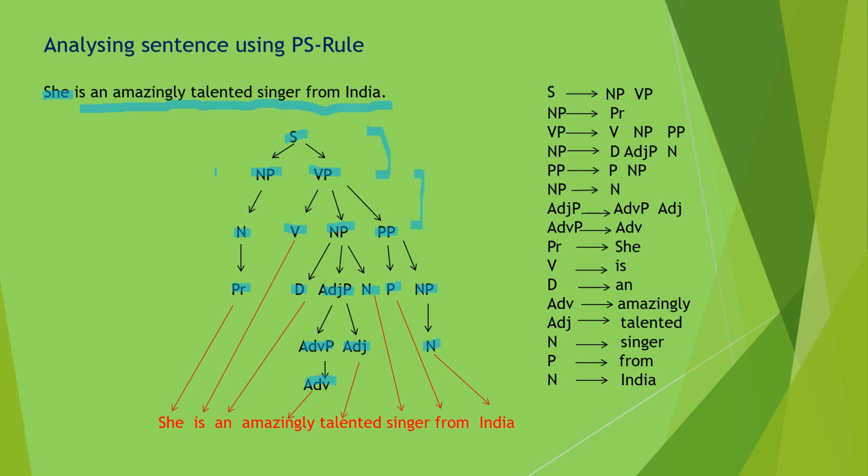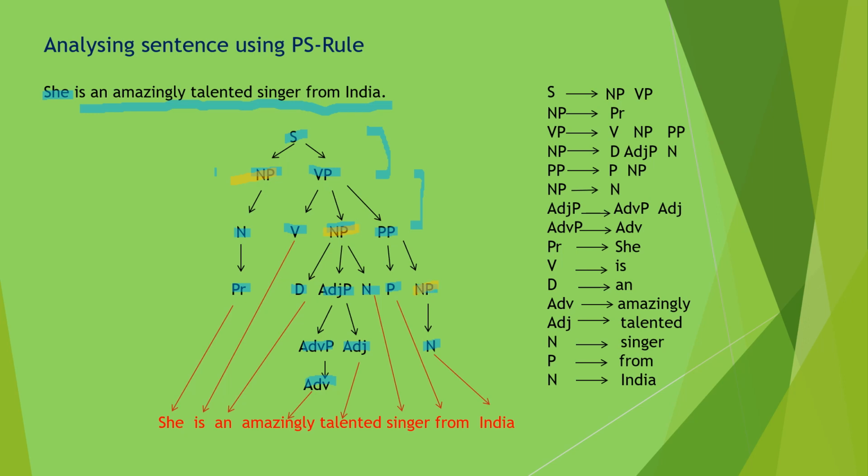Okay, so here one thing that you can do is, here we have 3 different noun phrases. One is here, one is here, and one is here.